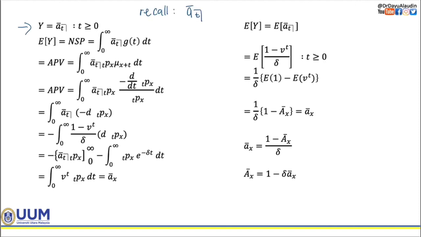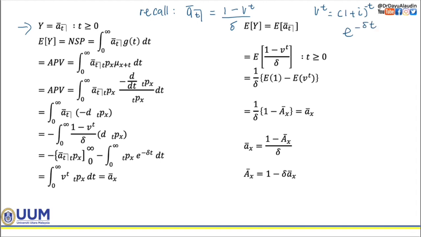Recall in business math, we learned the present value formula is 1 minus v^t over i, or delta for the force of interest. So v^t is (1 plus i)^(-t) for the interest case, or for force of interest we use e^(-delta t).